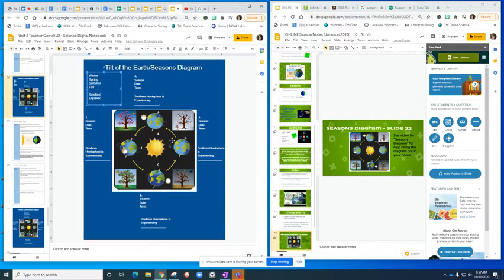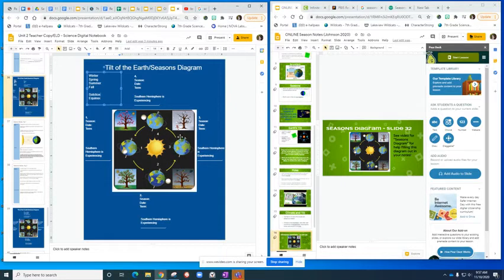So you can see that these parts of the northern hemisphere are receiving less direct sunlight now, and that most direct sunlight is happening in the southern hemisphere. So during this time when we're tilted away from the sun, that's going to be winter. And then that means that the southern hemisphere is going to be experiencing their summer.